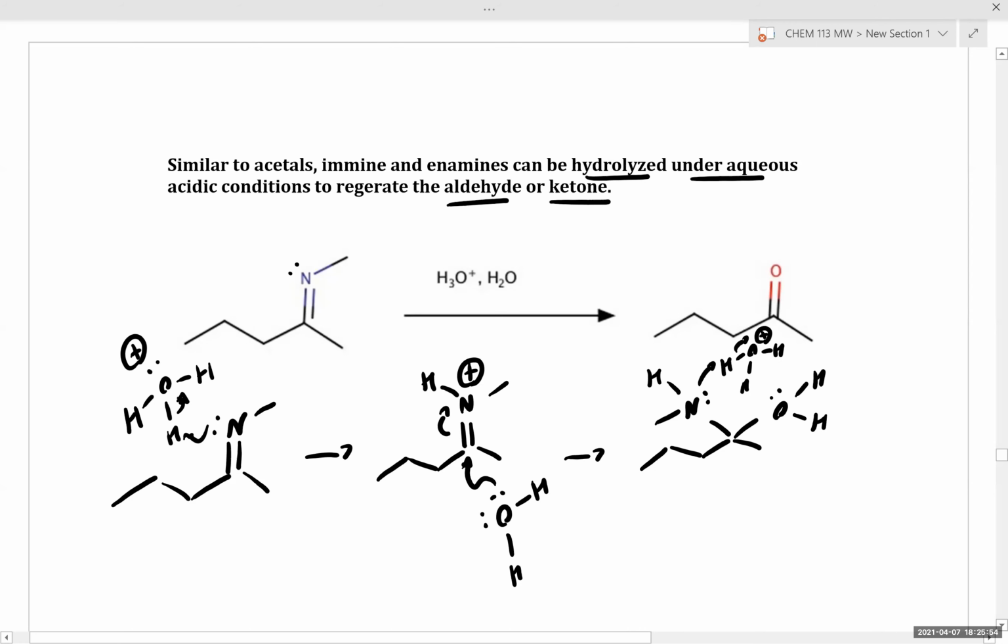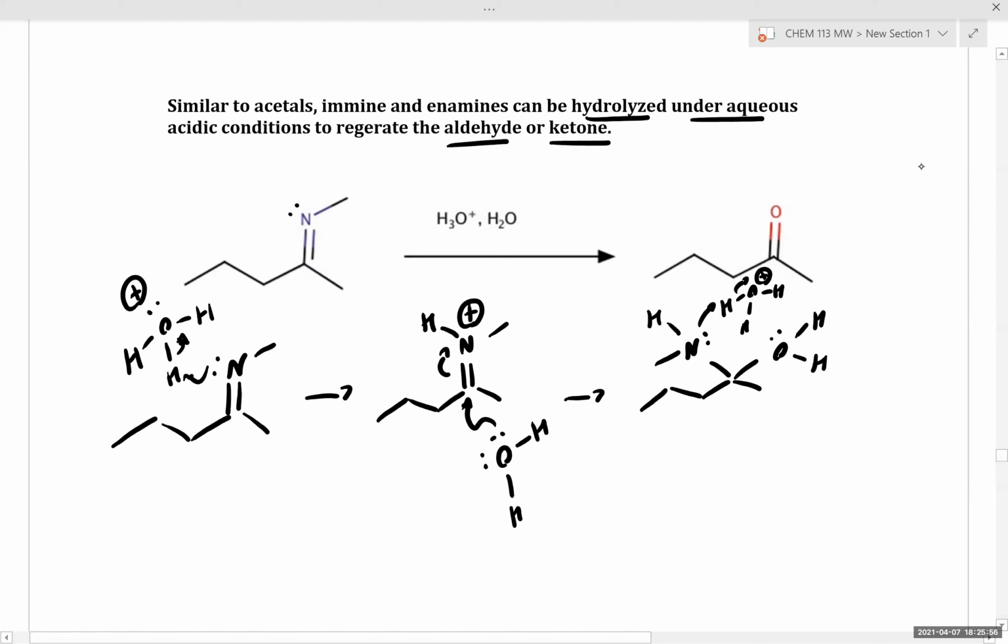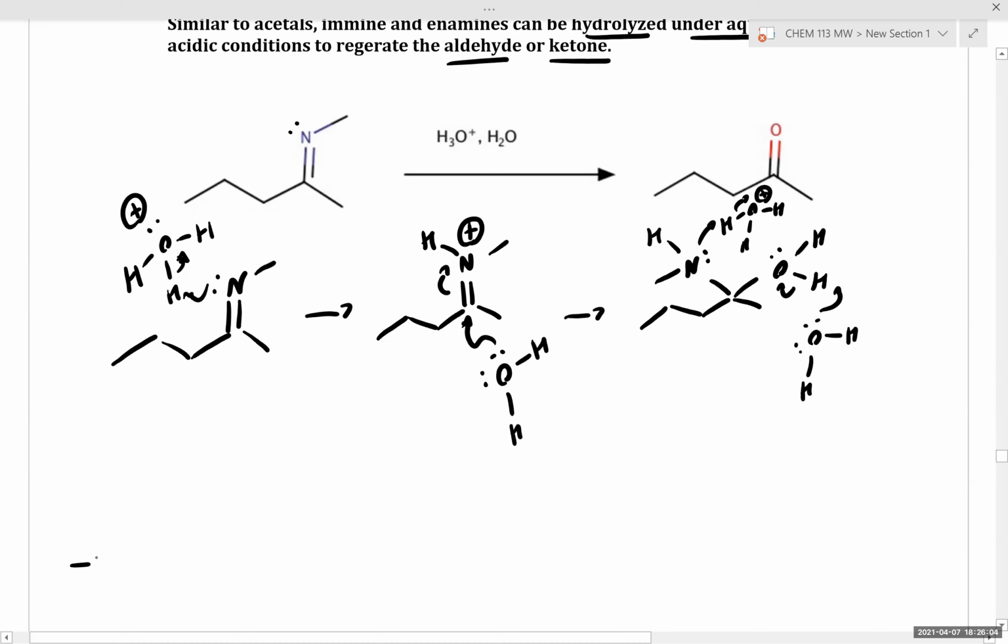So we're going to protonate our amine, and we are going to deprotonate our alcohol. That in turn gives us this activated ammonium species, which is a much better leaving group.